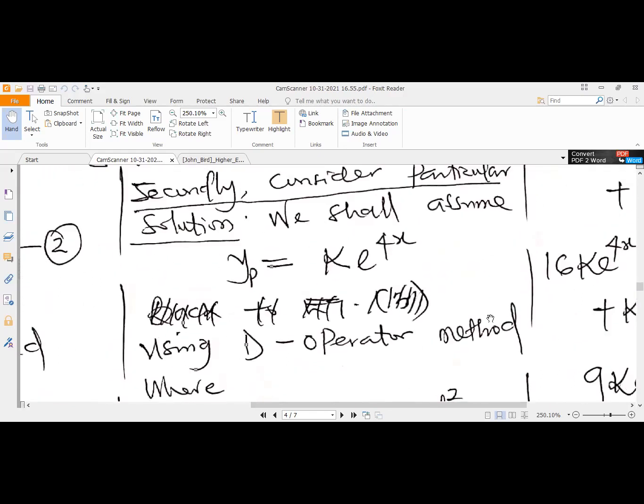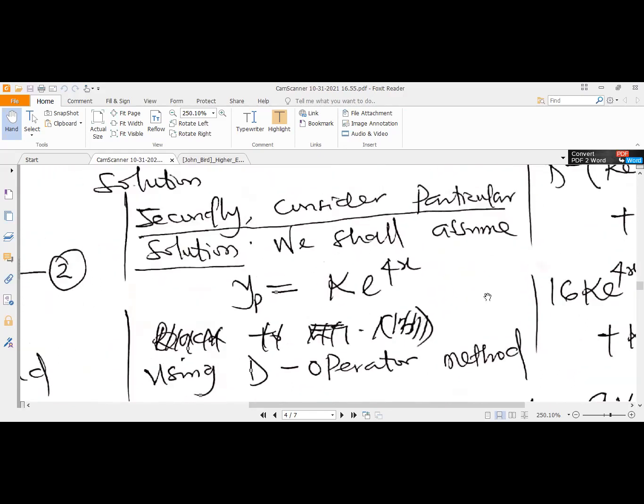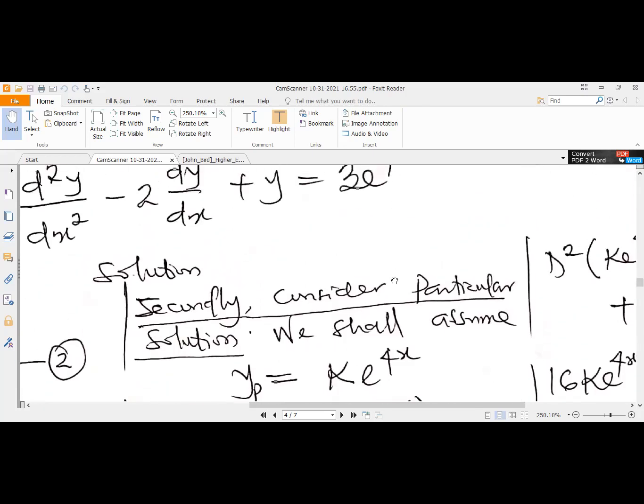Now, in this case, you will notice that for our particular solution, we need to assume k exponential 4x. You notice that k is a constant, right? So I need to determine k. Now look at what I assume again. I also assume exponential 4x. Do you know why I pick exponential 4x?